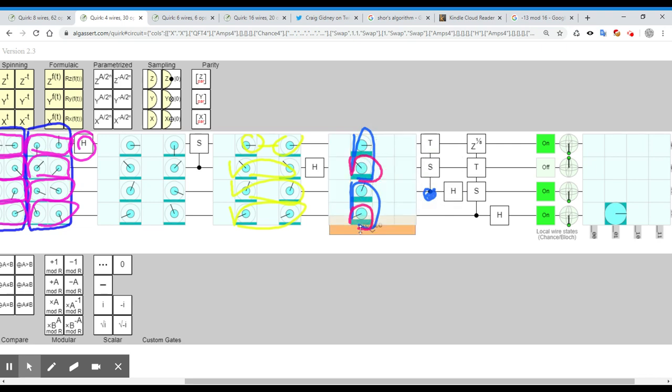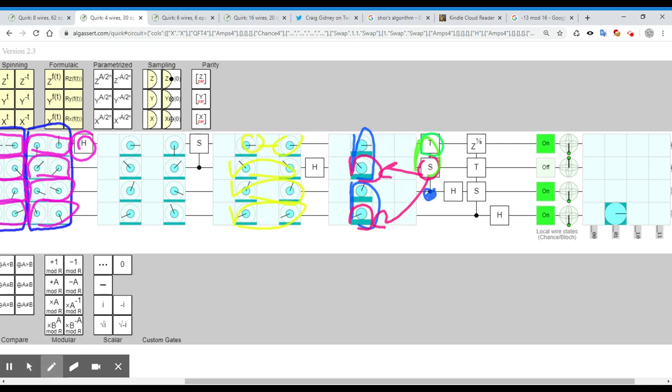So those are going to be touched by the S. Definitely. But then the T is going to rotate these, all of them. Okay, so the T is going to be applied to the entire column.